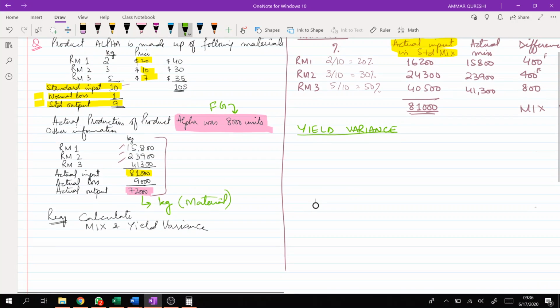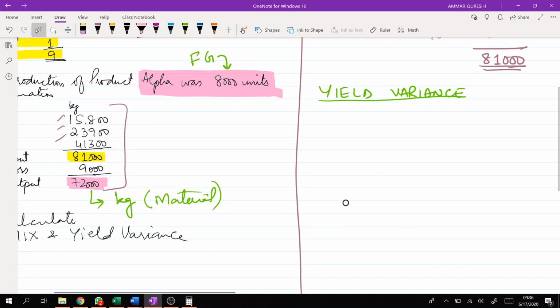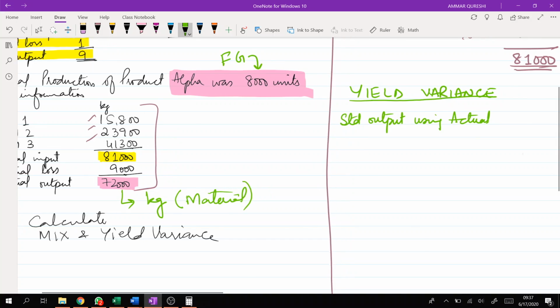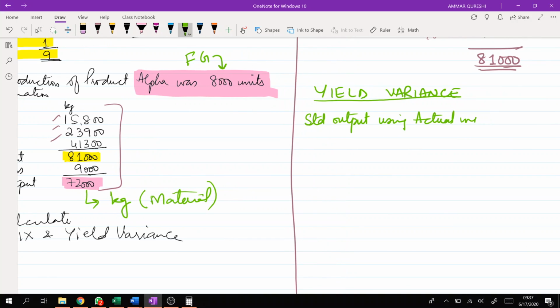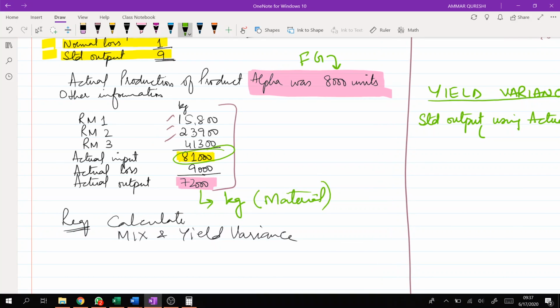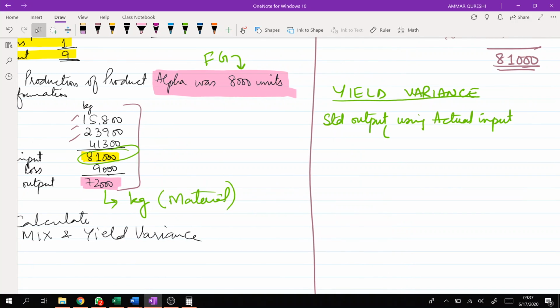First of all, we used to calculate standard output, right? What should be the standard output using actual input? How many kilograms were input during the process period? 81,000, right? 81,000 kilograms have been input.